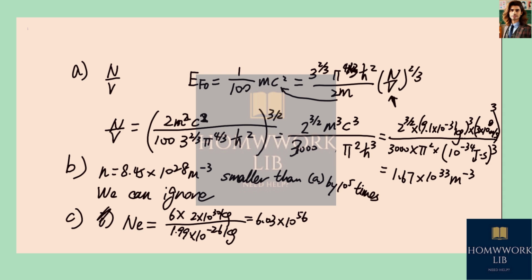And then we also need to find its density. The concentration small n equals big N over the volume. The volume can be found by assuming this is a sphere, so we have 4 over 3 pi r cubed, and r, the radius of the white dwarf, is 10 to the 6 meters, cubed.